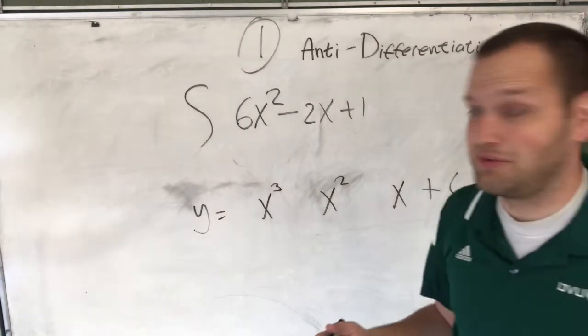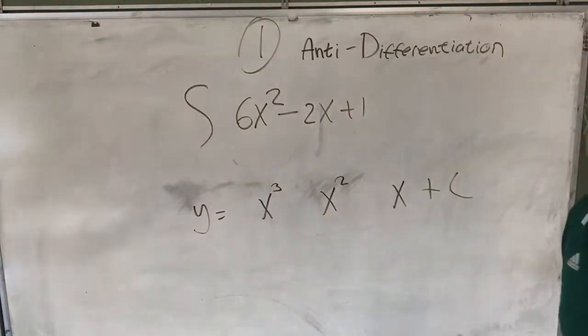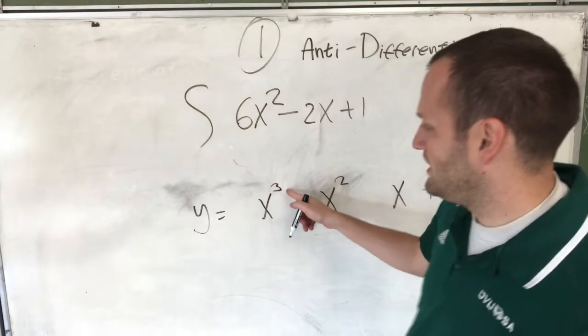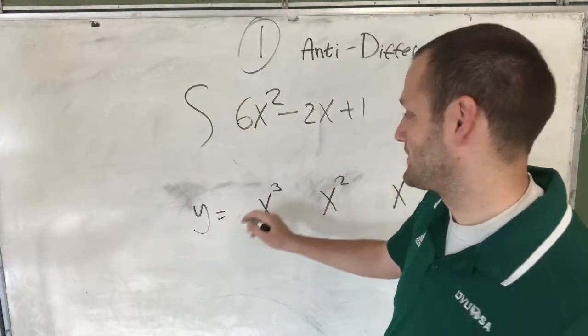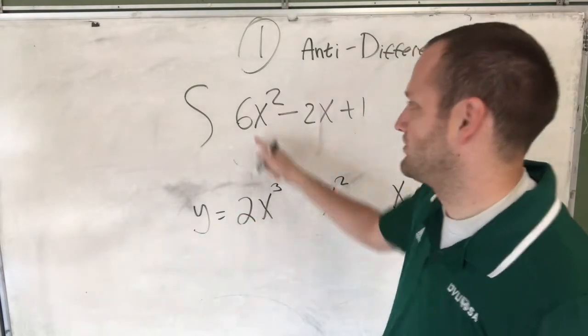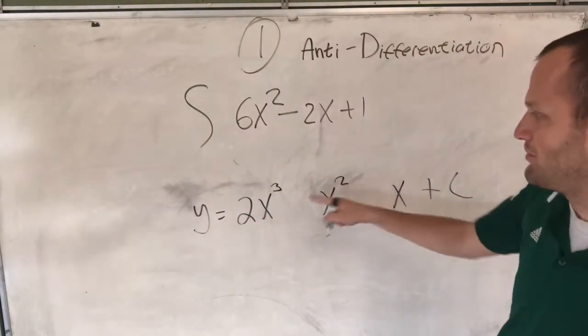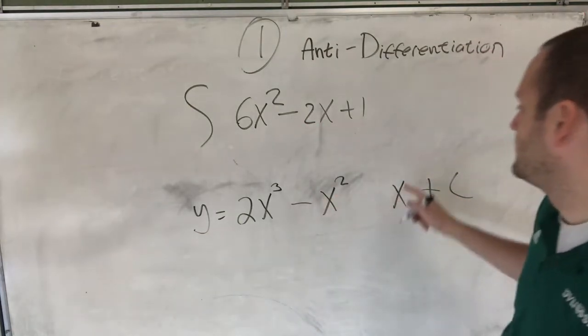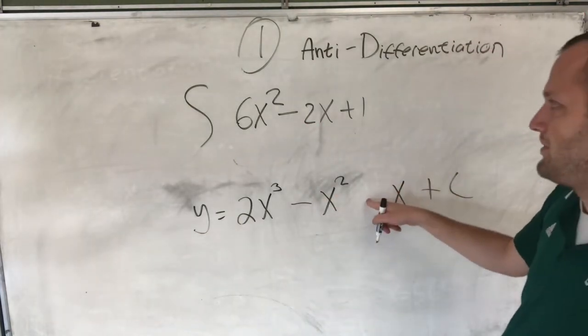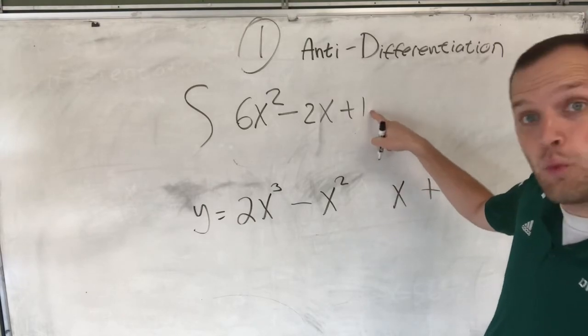Now we need to figure out what the numbers in front of each of the x's would have been. 3 times what equals 6? 2. So 3 times 2 would have made 6. Here, 2 times what equals -2? -1. 1 times something equals 1. What would it have been? 1.